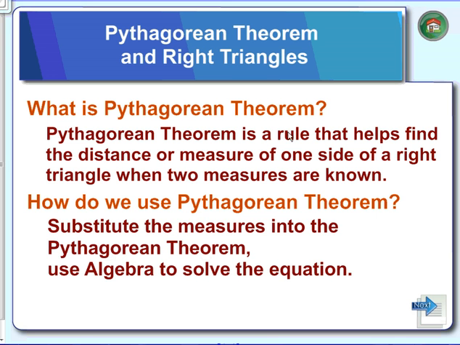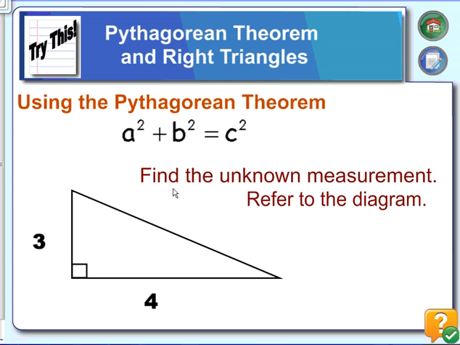So, let's do an example. We have to find the unknown measurement of this particular triangle. We have a leg with measurement 3, another leg with measurement 4, and we need to figure out the hypotenuse, or this third side.